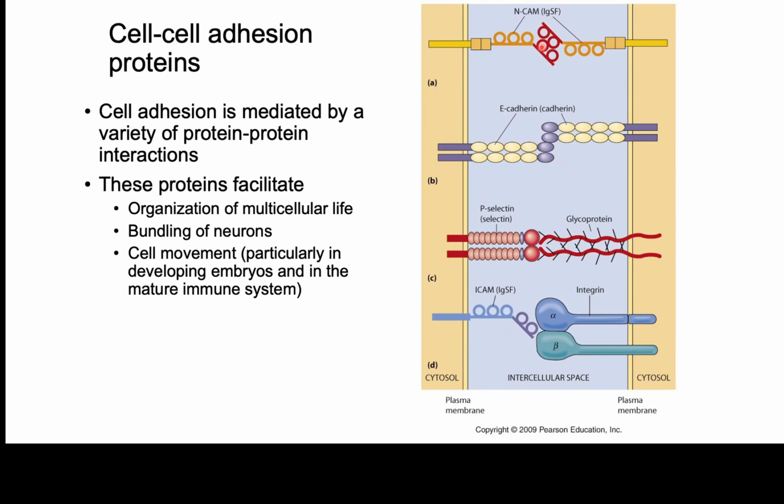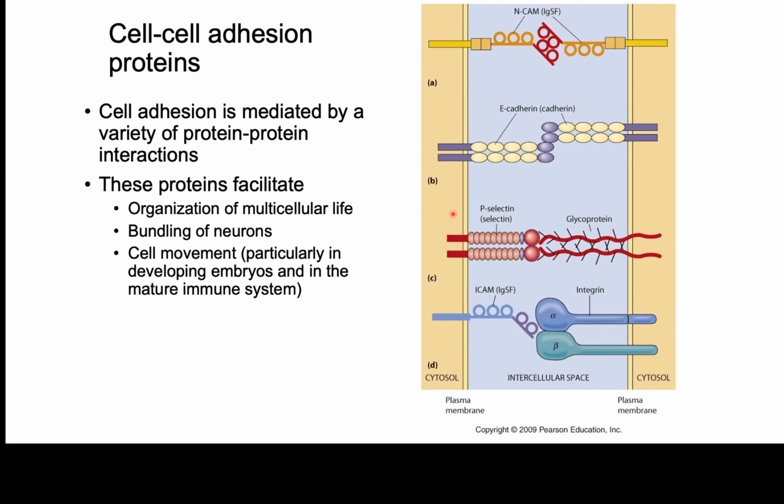And then here we have another kind of CAM, or circular loop-shaped protein. And these, instead of interacting with other CAMs, are going to interact with a class of proteins called integrins. We'll see examples of integrins in another slide or two. So these different classes of proteins all mediate cells interacting with each other.